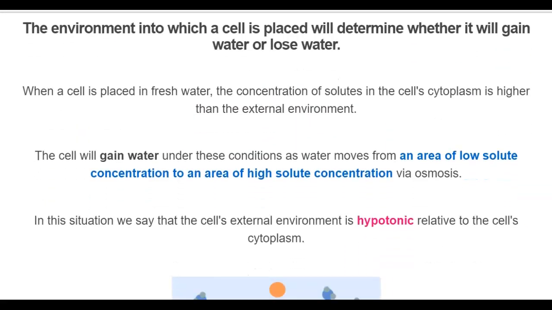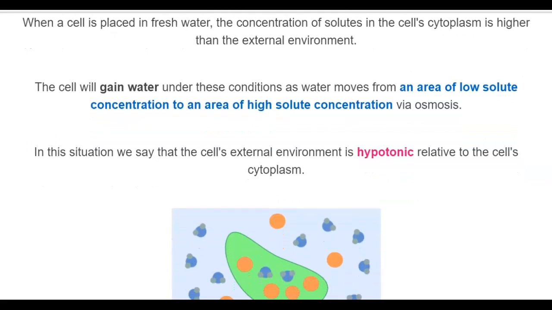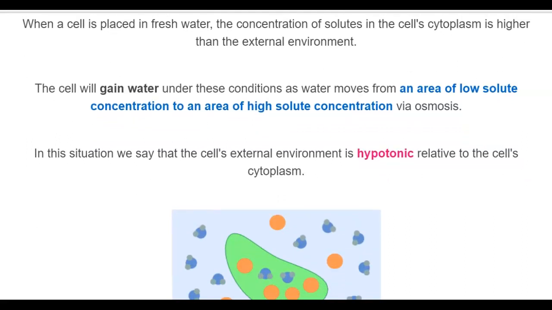So what will happen if a cell is placed in one of these environments? The environment into which a cell is placed will determine whether it will gain water or lose water. When a cell is placed in fresh water, the concentration of solutes in the cell's cytoplasm is higher than the external environment, because fresh water will have virtually no solutes in it.